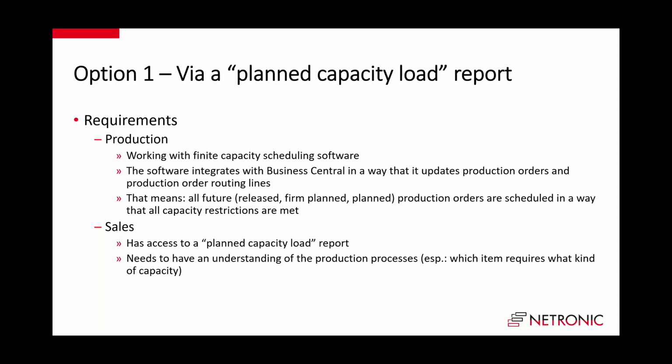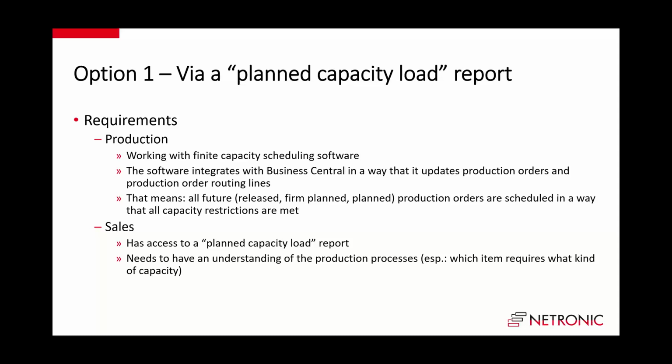If they have no clue what's happening on the shop floor, they can't make a delivery time commitment, because they are flying blind. So they need planned capacity information, and an understanding of the production process, so that they can assess that for that item we would need that machine center, that work center, and that work center.